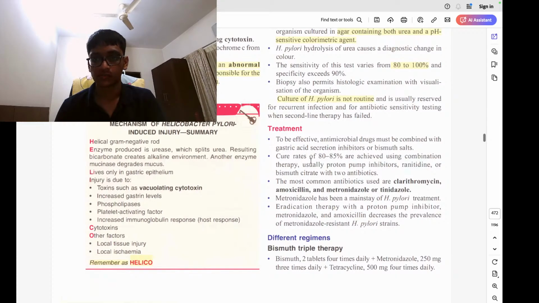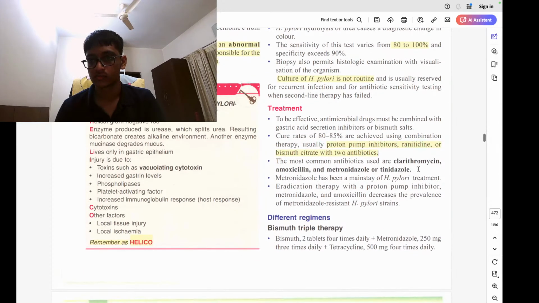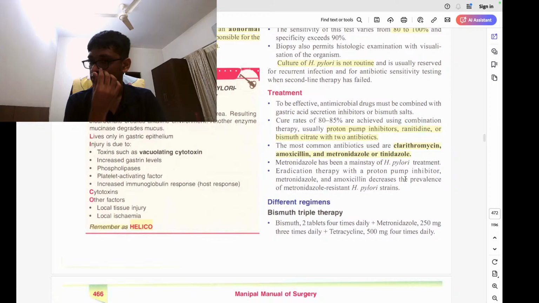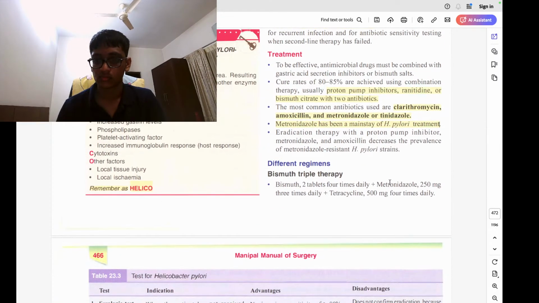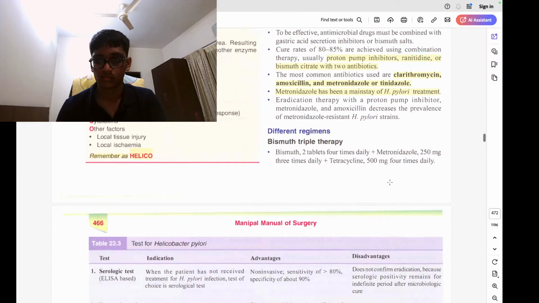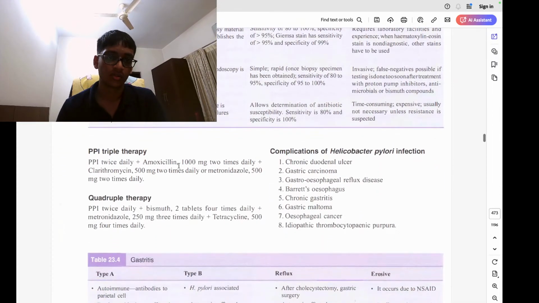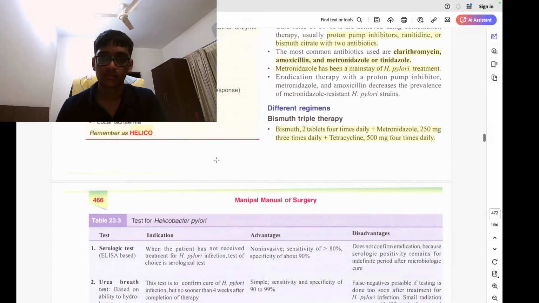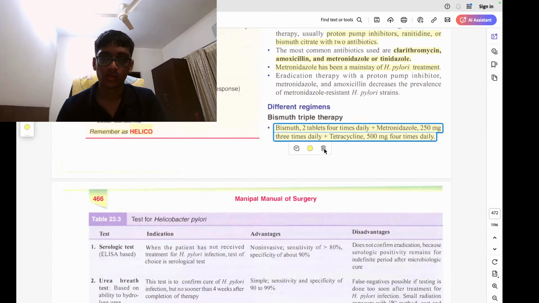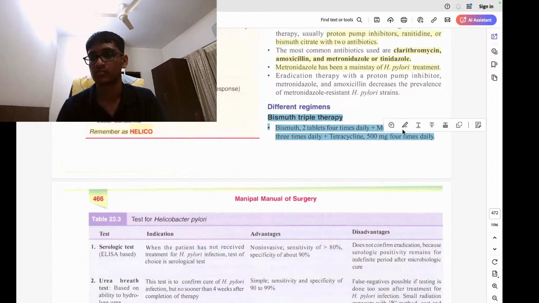Treatment is this. Honestly, regimens you have to do the entire thing.